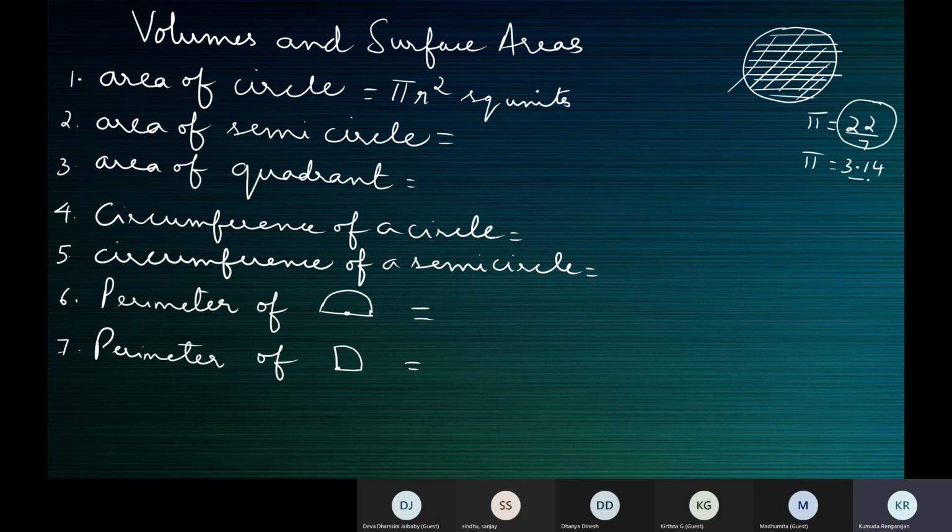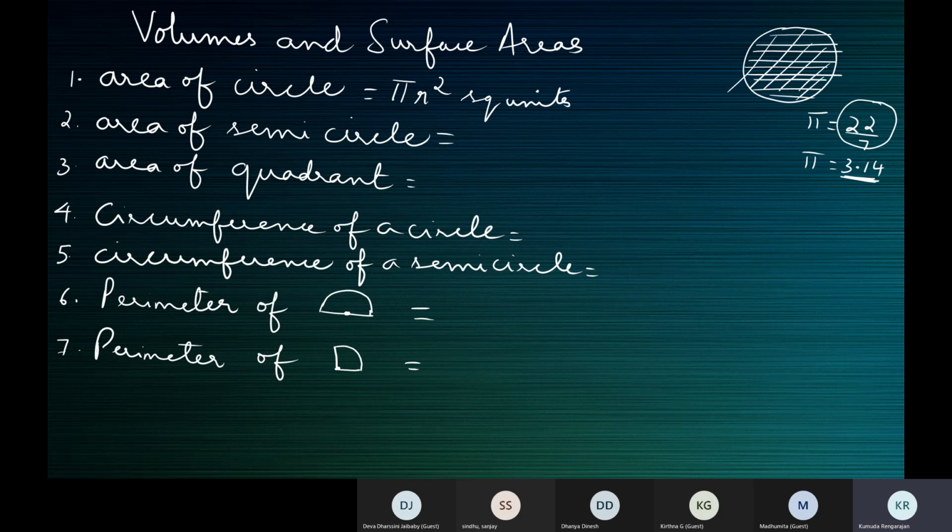If we have to take 3.14, it will be given to you in the question. So pi r square: 22/7 into r square, radius square, whatever is the radius of the circle. Supposing the radius is 10, 22/7 into 10 into 10.